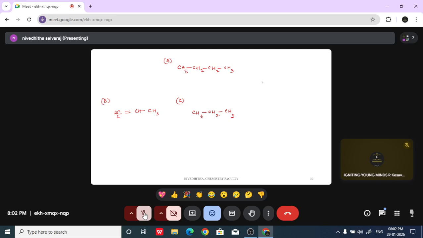So the basic difference between two hydrocarbons is two things. One is the number of carbon atoms, another one is the number of chemical bonds between carbon atoms.